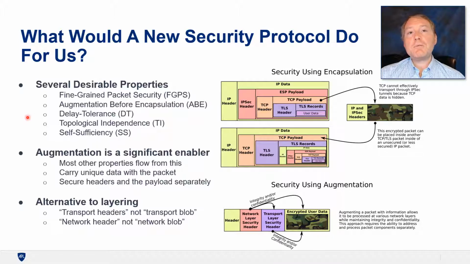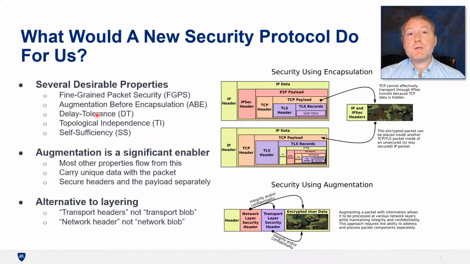If you can augment headers in a flatter space as opposed to hierarchically applying encapsulation, the delay tolerance allows information to be stored along with the packets in a fine-grained way while a packet is put off into persistent storage. That leads to a topological independence. You are able to have a flatter security space. Then you have achieved more self-sufficiency in the security stance of the packet itself.